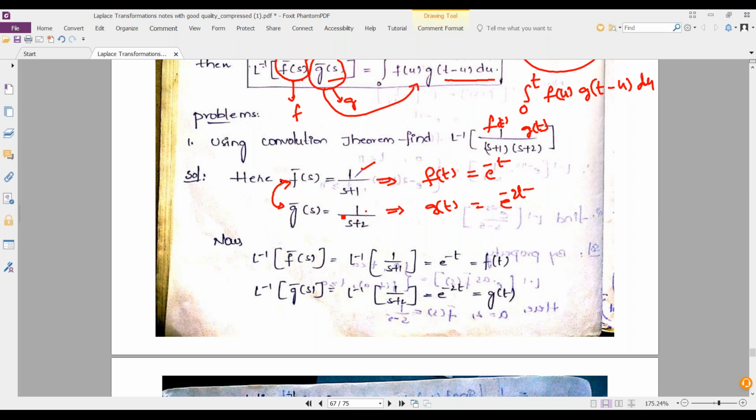So then 1 by s plus 1 can be written with its inverse Laplace e power minus t, and 1 by s plus 2 with its inverse Laplace e power minus 2t.